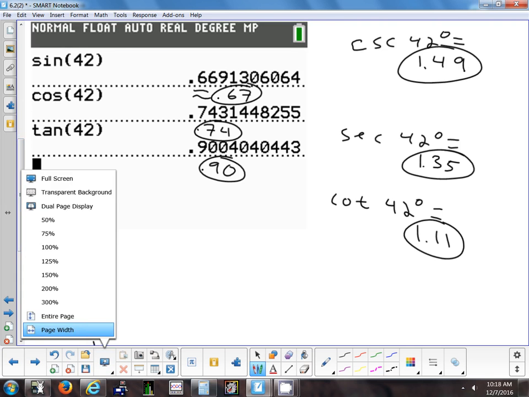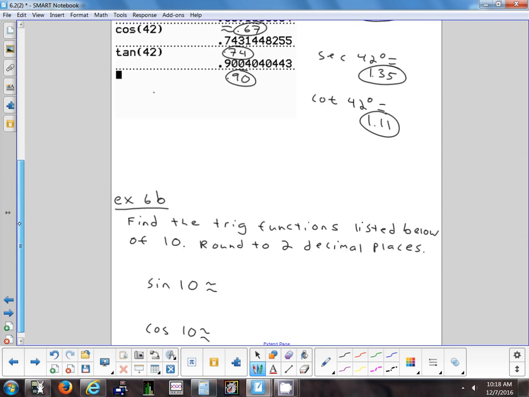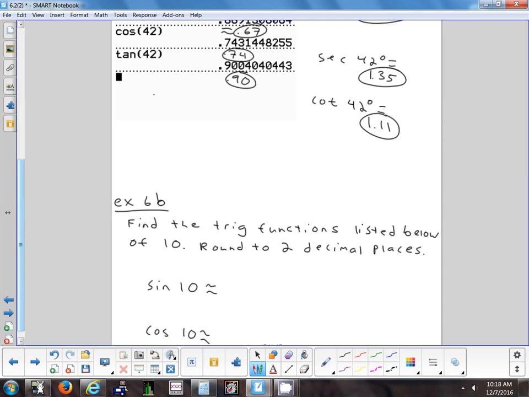All right. How about 6b? What's the difference there? If you just start typing stuff into your calculator right now, you will get it wrong, because it's in radians.